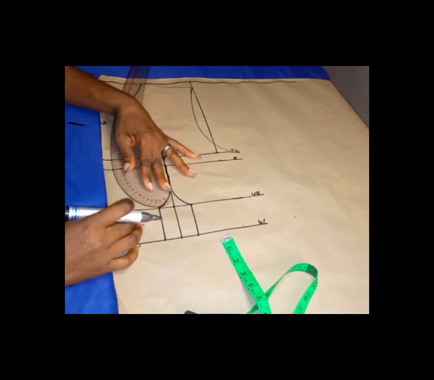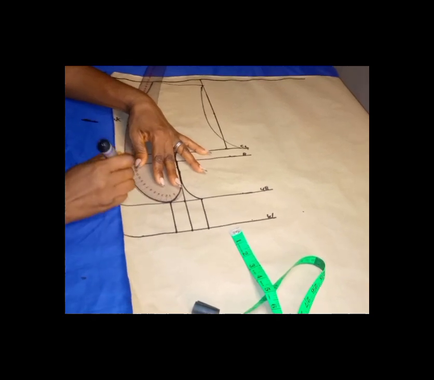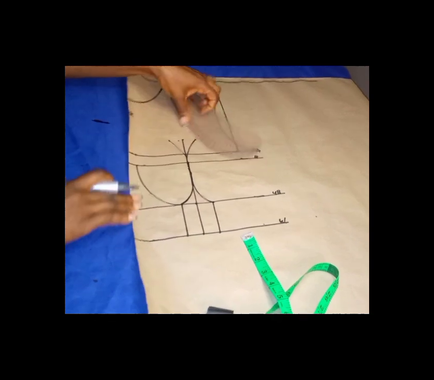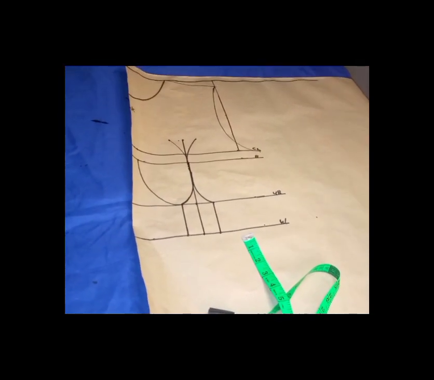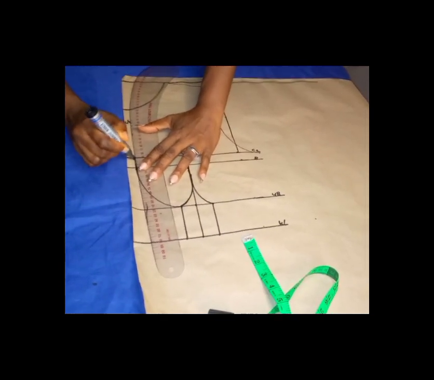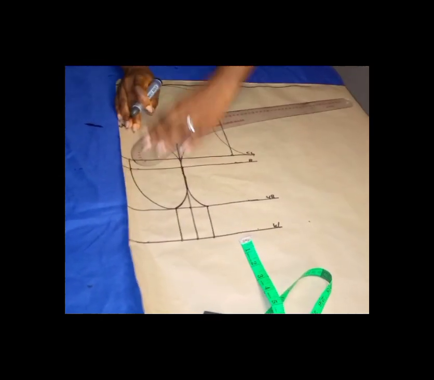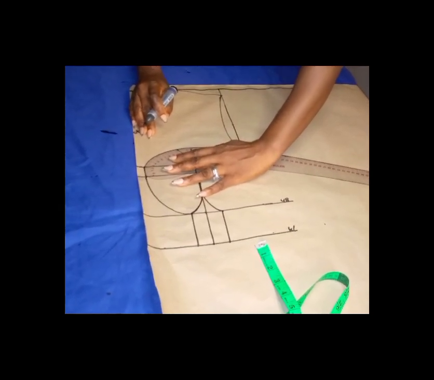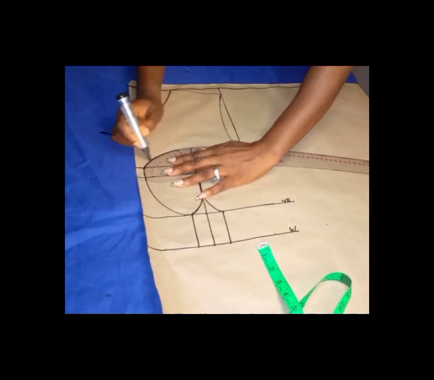Then from the under bust towards the center front, I'm going to connect to meet up the half an inch at the bust line. Then from there, I'm just going to connect in a straight form to the chest line to meet up with the half an inch in the chest line. Then from there, I'm just going to connect in a curve form to meet up with the dart.